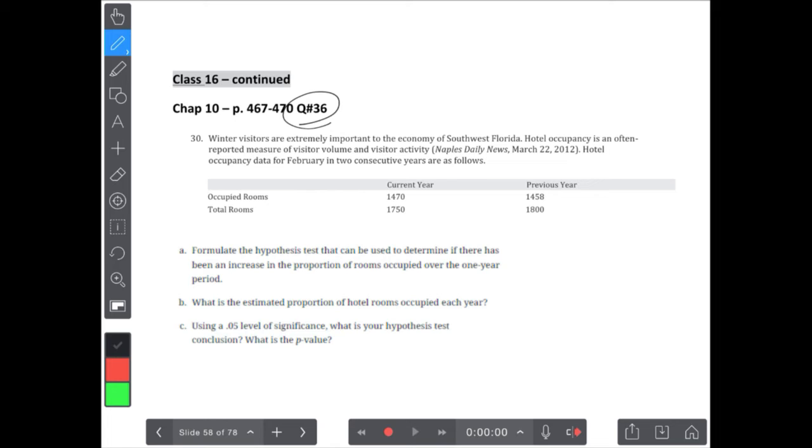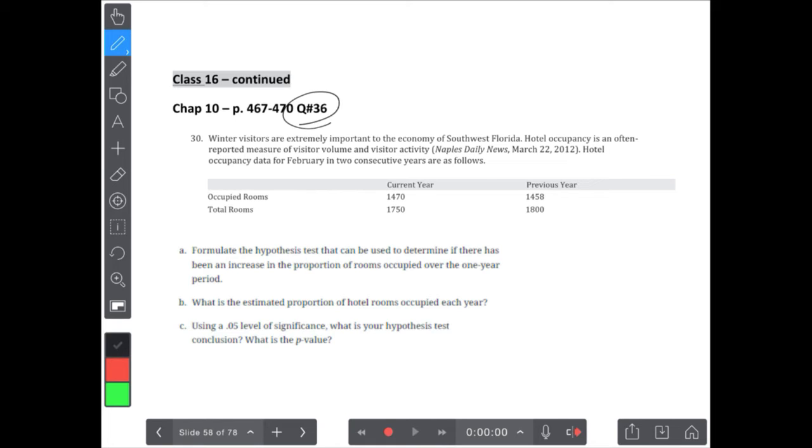Winter visitors are extremely important to the economy of Southwest Florida. Hotel occupancy is an often reported measure of visitor volume and visitor activity. So Naples hotel occupancy data for February in 2 consecutive years are as follows.